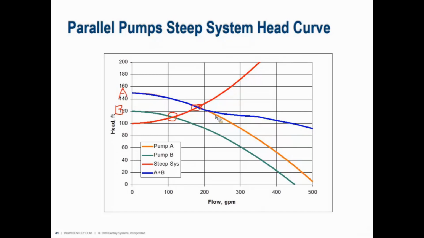However, when we try and turn 2 pumps on, you see this blue line? We turn 2 pumps on, and all of a sudden we're not getting any more flow even with 2 pumps on. So that effectively means that pump A is dominating and suppressing pump B. We may as well not even be running pump B. This is an example of a very inefficient pump that's going to be either tripped out automatically, or it's just going to be costing you a lot more money than it should to even be trying to run it.